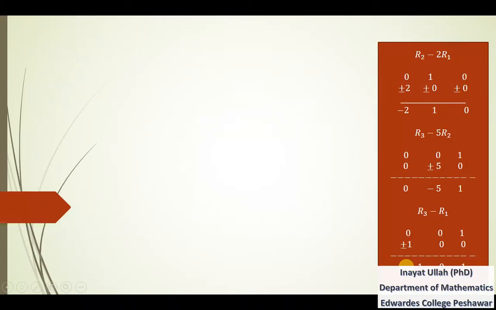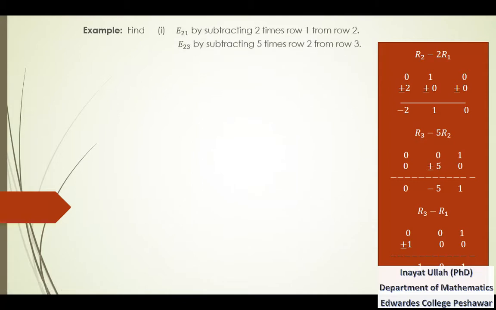Here is an example. We need to find the elimination matrix E21 by subtracting 2 times row 1 from row 2, that is, R2 minus 2 R1. Secondly, we need to find E32 by subtracting 5 times row 2 from row 3.